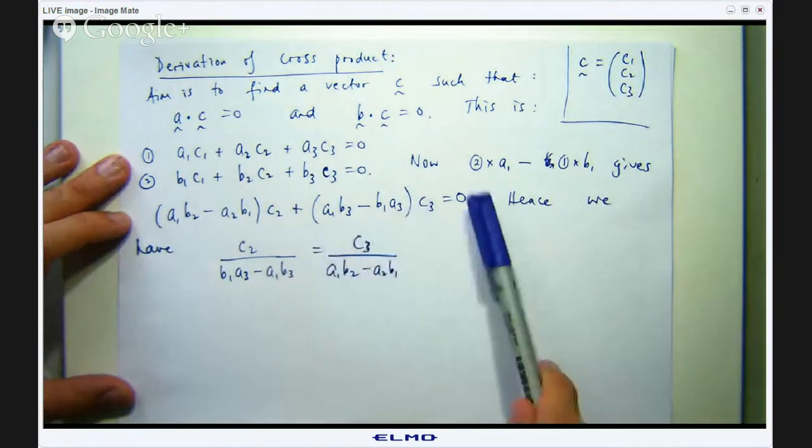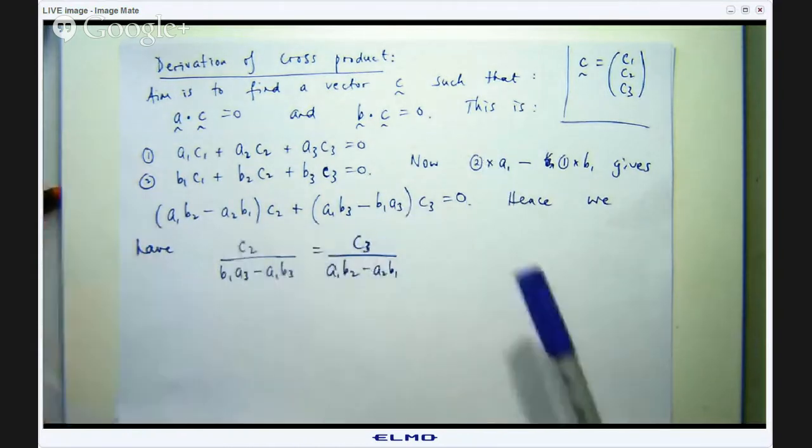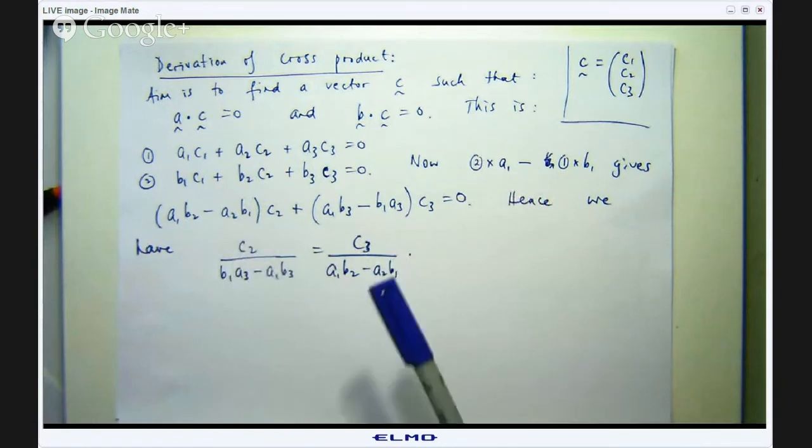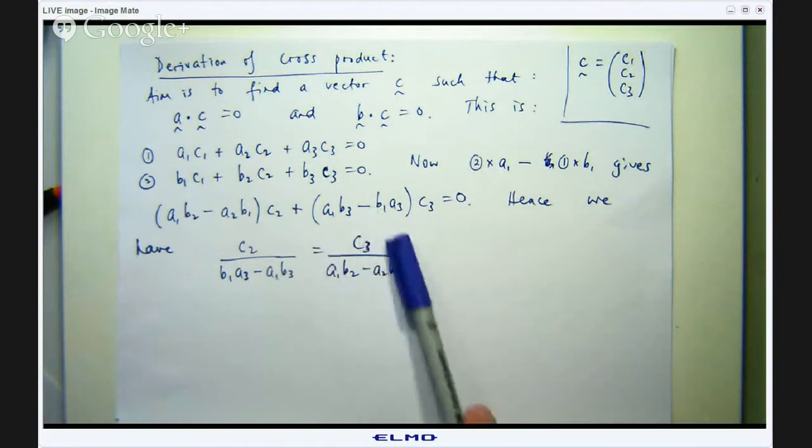So what I've done is taken that to the other side and then divided so that the C2 and C3 are kind of isolated on top. Okay. All right. So obviously I can't solve this, but what I can do is introduce a parameter. And I'm going to introduce the parameter lambda to be this right-hand side.